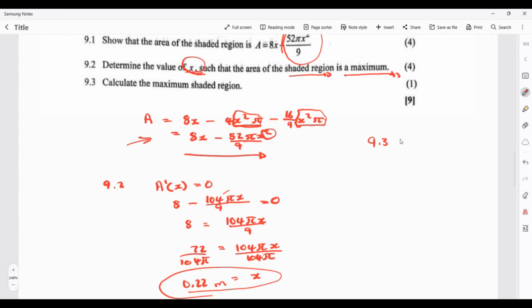My A must be equal to 8 times 0.22 minus 52 over 9 pi times 0.22 squared. This will eventually give me 0.88 meters squared. An area must be squared. As simple as that.